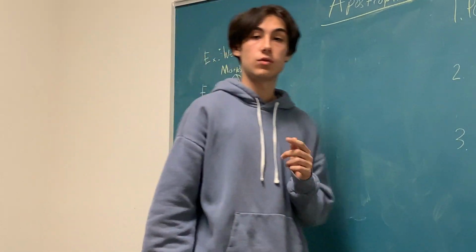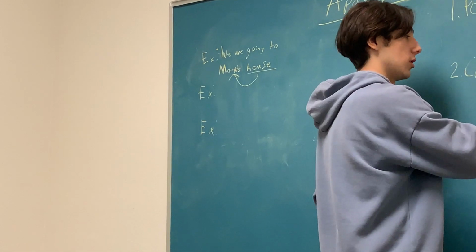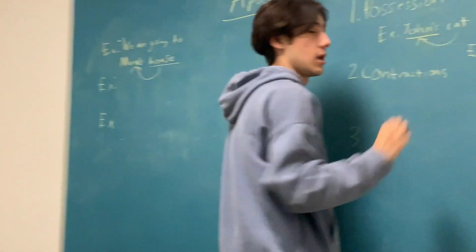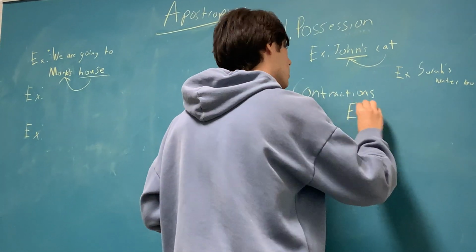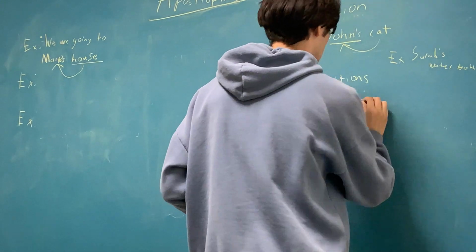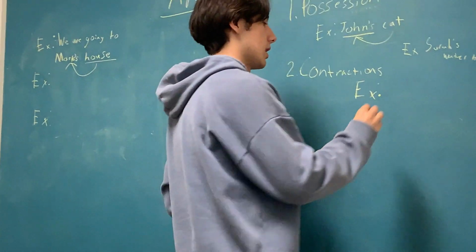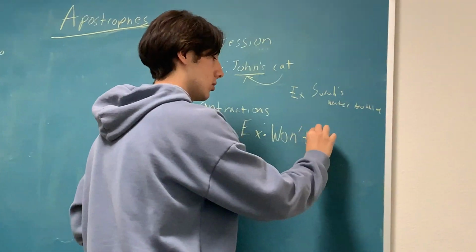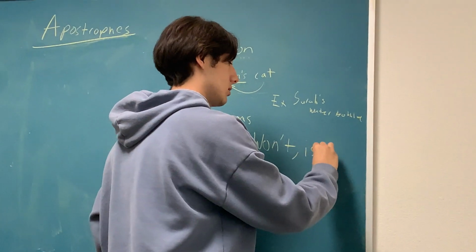And then the second use for apostrophes is going to be contractions, as I briefly mentioned earlier. And what I mean by contractions is the shortening of words, such as won't, or as I briefly mentioned earlier, can't.